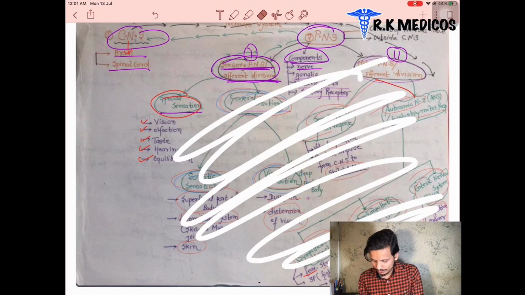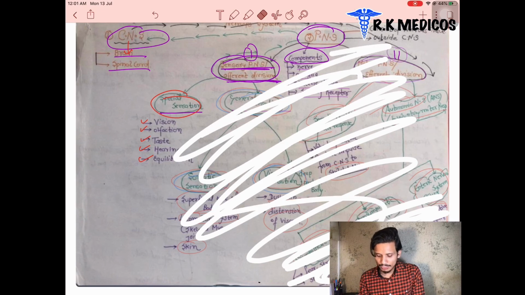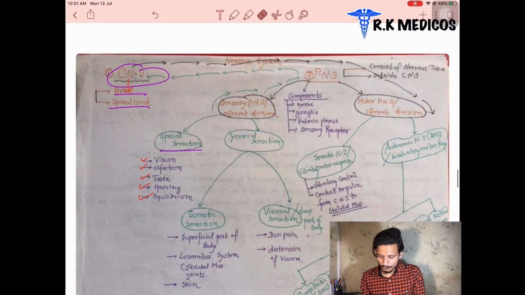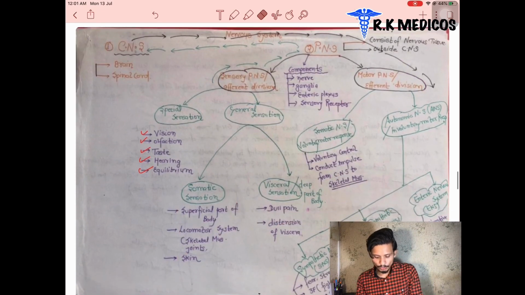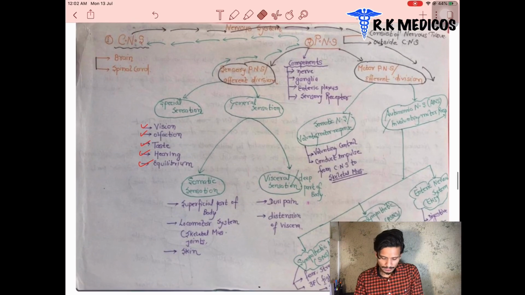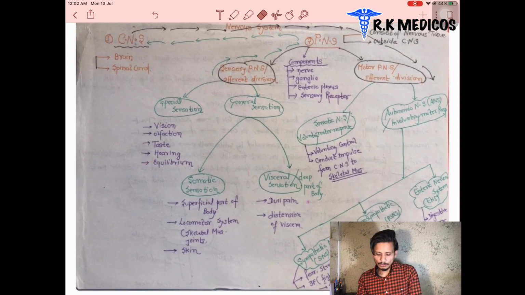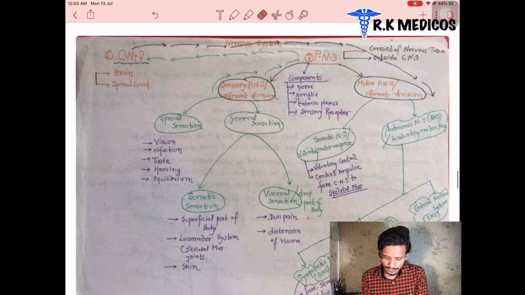It's very important, because without knowing the classification, we don't know how the nervous system is working and how the information is transferred. From the central nervous system the information moves and reaches the PNS, specifically the motor PNS.